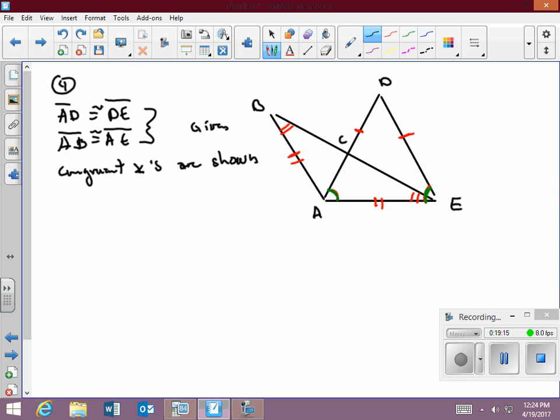Well, the reason those angles are congruent is because if you go back and look at your theorem 4-5, it says angles opposite congruent sides are congruent. This is theorem 4-5.